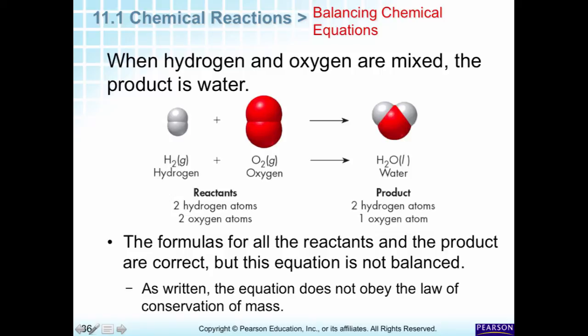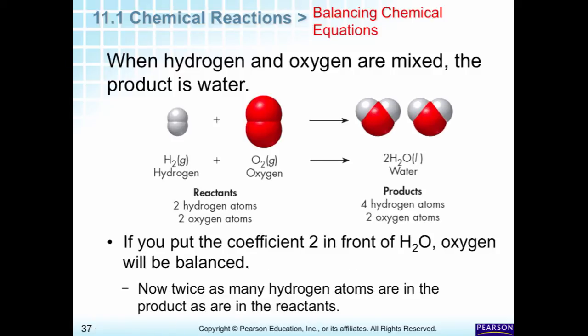Now this one is a little bit different. Hydrogen and oxygen are both diatomic gases. But water only has one oxygen and two hydrogens. So the hydrogens are okay, but this side has one more oxygen, so we have to take that into consideration. We need two oxygens on this side, so we put 2 in front of the water.